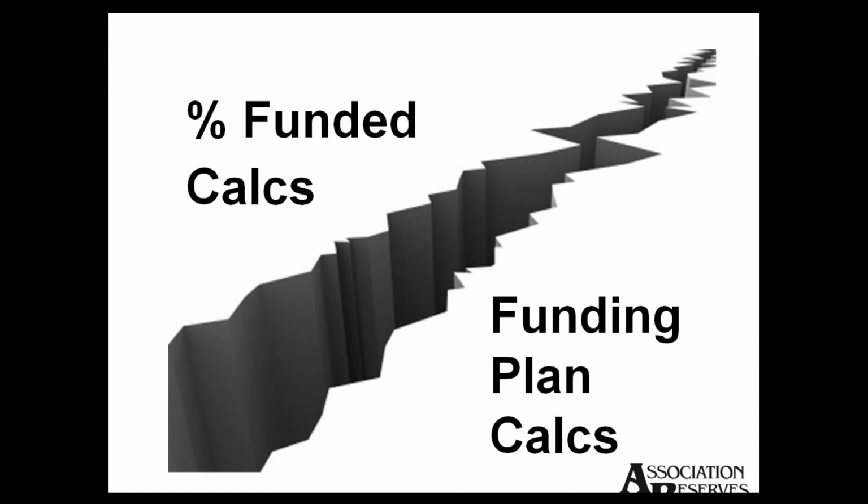How strong is our reserve fund at this time? Now we're going to talk about the funding. How much money we pour into the reserve account is going to make a difference on reserve fund strength in the future. It's a different set of calculations. One is about now: is our reserve fund strong or weak? And these are the funding plan calculations. How are we going to get to the future?